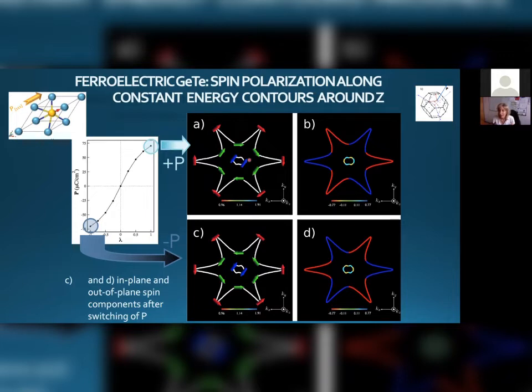However, the physics is more or less the same. So you see the spin texture always perpendicular to the K vector, which is typical of Rashba. And the important thing is that if you switch polarization, you'll see the spin texture changing. So here it circles clockwise, and here with opposite polarization, it will circle anti-clockwise, which is actually what we expected in the beginning.